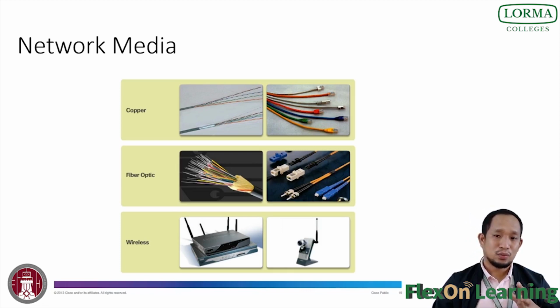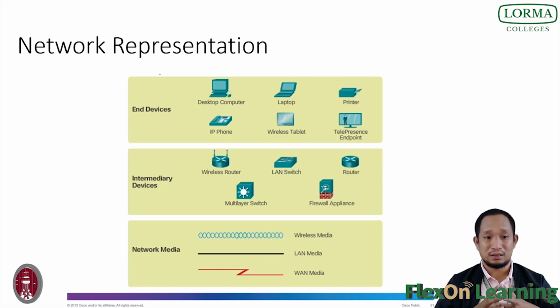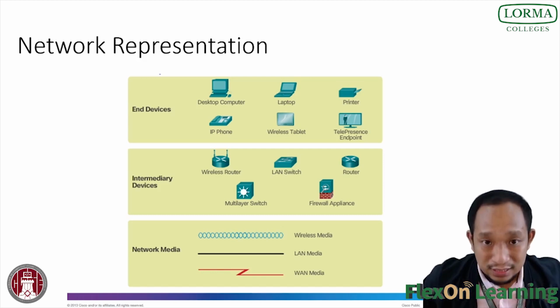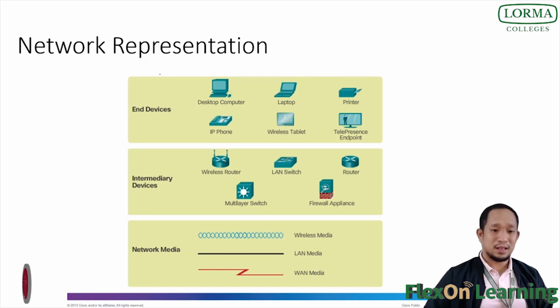Let me show you our network representation when we are using our Packet Tracer. We have three as discussed. These are the network representation. The one that wasn't discussed a while ago is our network media. For network media, we have three.